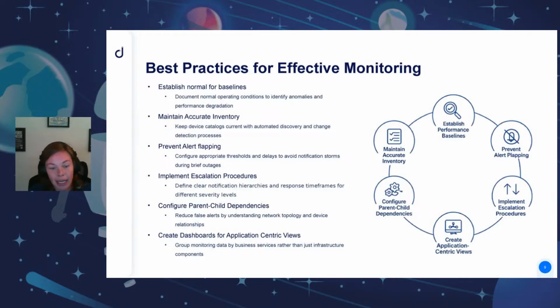And then you need to create dashboards and application-centric views. Like, what is affected? You can go into monitoring dashboards of any tool, and you need to be able to understand what could be affected if this goes down, right? And if it does, I need to be able to have that communication path and the right people to do this. If I have a firewall team and I'm sending a firewall alert to the wrong team, that is time wasted.